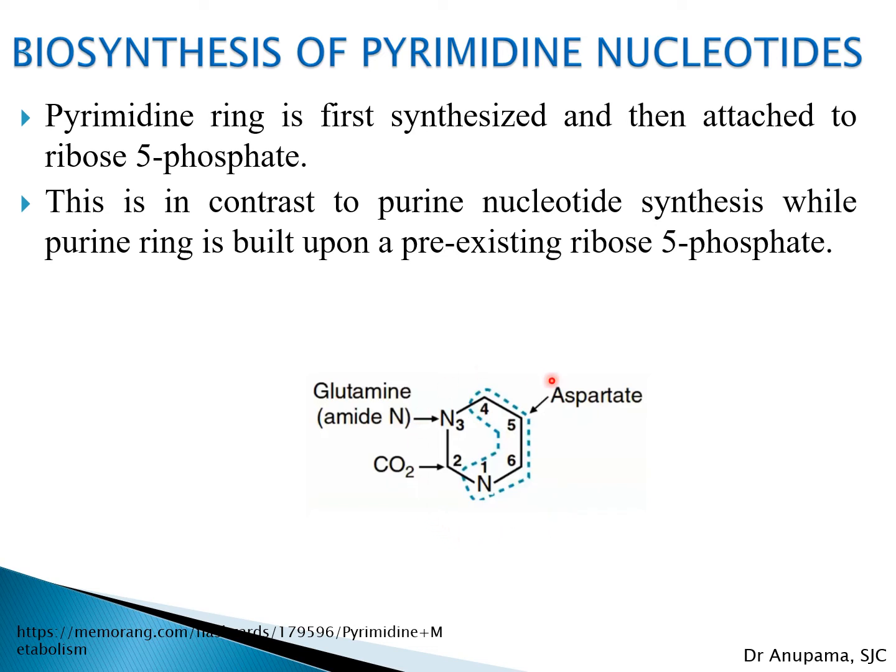This is the pyrimidine nucleus, and you can see the contributors for various atoms. N1, C6, C5 and C4 come from aspartate, while N3 comes from glutamine and C2 comes from carbon dioxide. These are the core atom contributors for a pyrimidine ring.